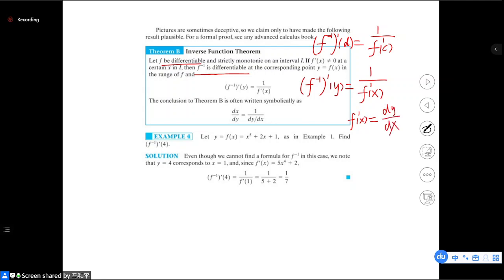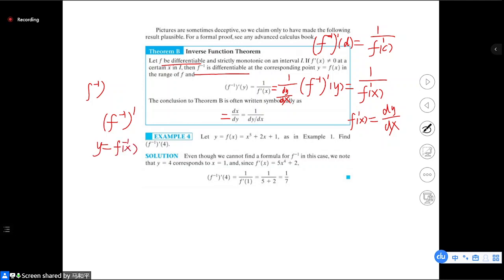So the right side, 1 over f prime x, we write as 1 over dy over dx. And the left side is f inverse prime, where f inverse, we know this is y equals f inverse x.